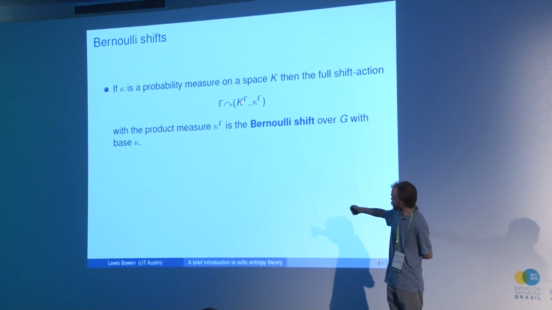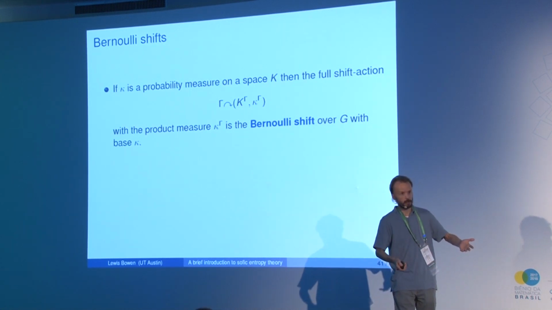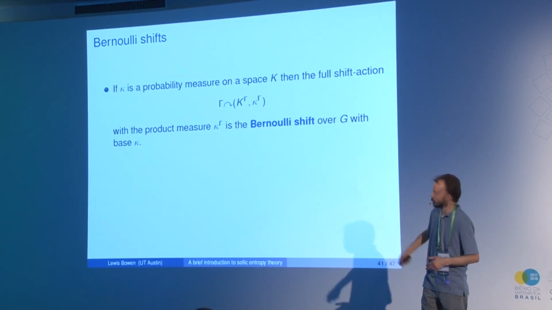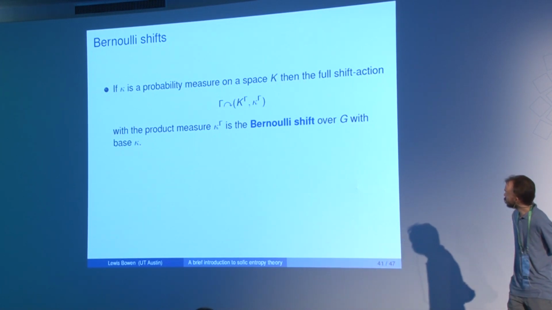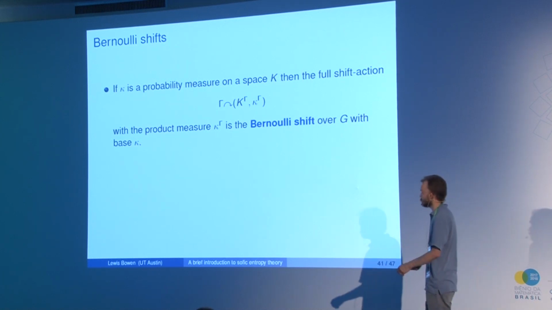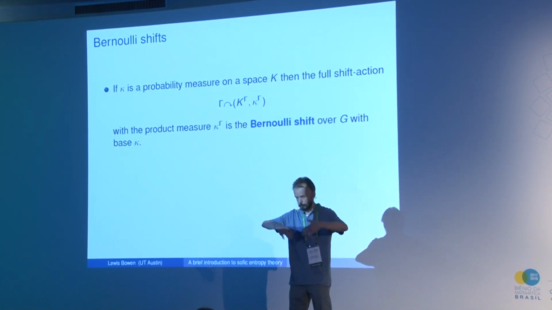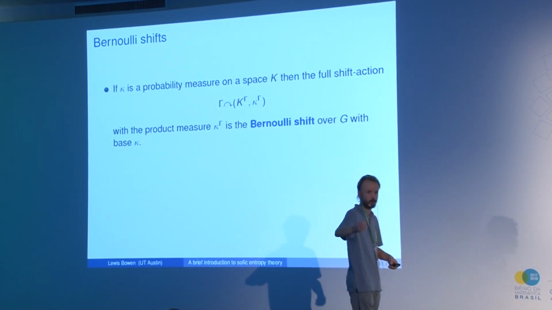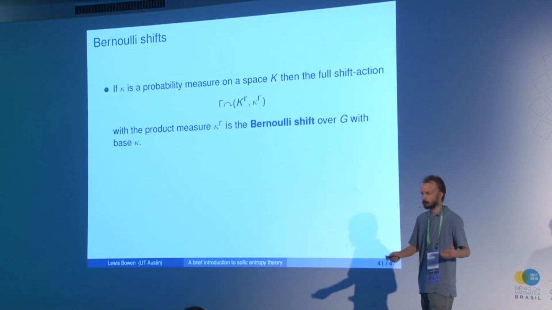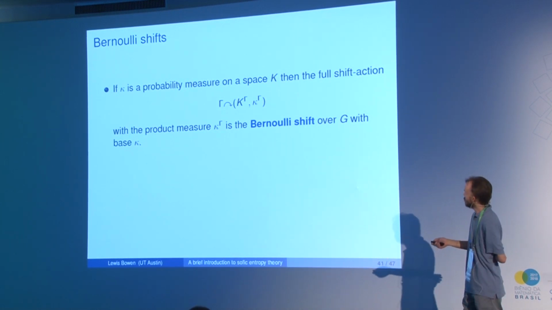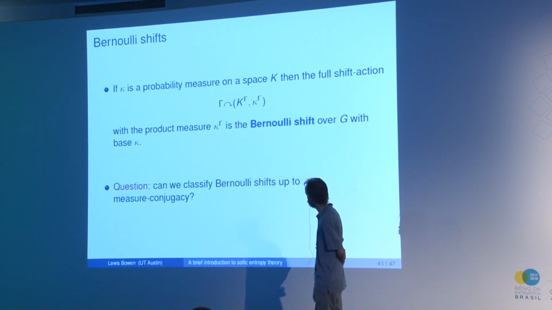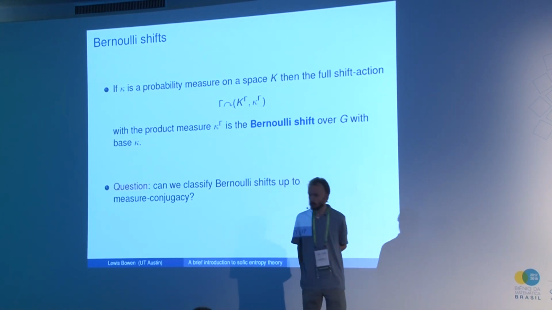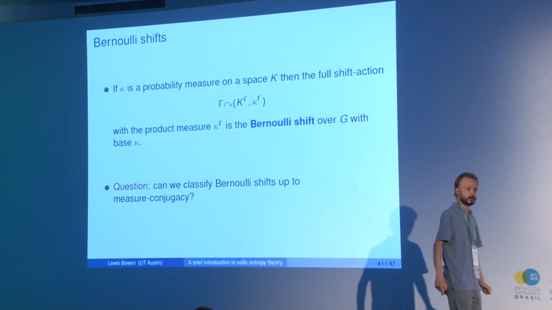So a Bernoulli shift is just like the full shift, except that we put a product measure on it. Okay. So, if you like, you can just think of taking your group, you think of the Cayley graph and you think of flipping a coin at every vertex. That gives you a sample of the Bernoulli shift. So can we classify Bernoulli shifts up to measure conjugacy?